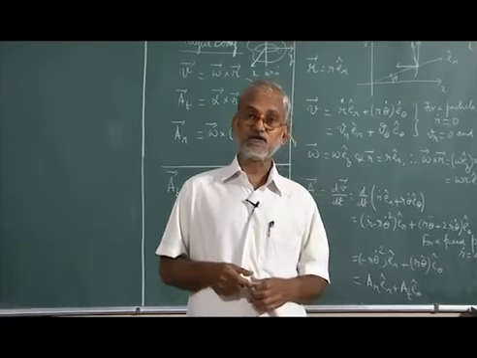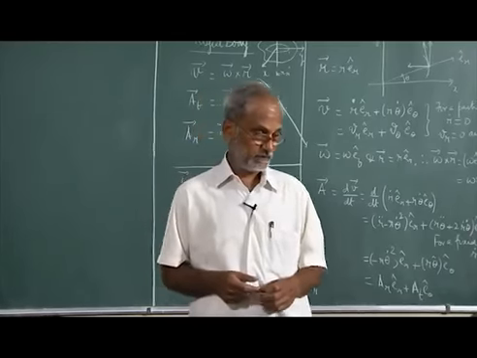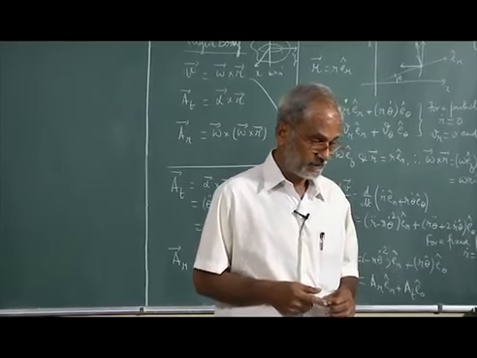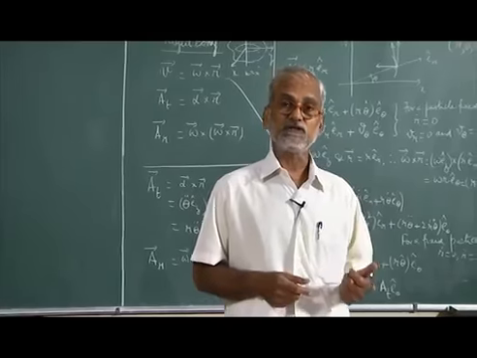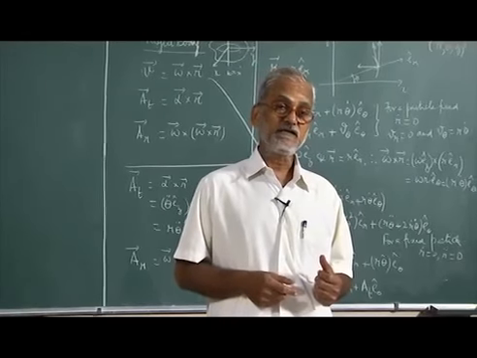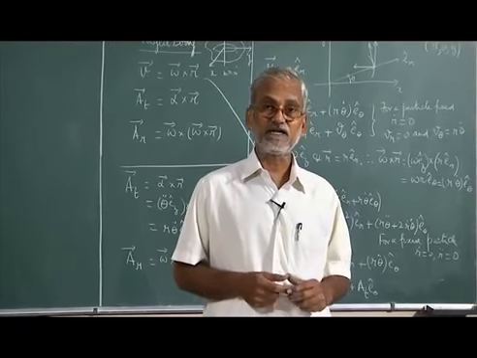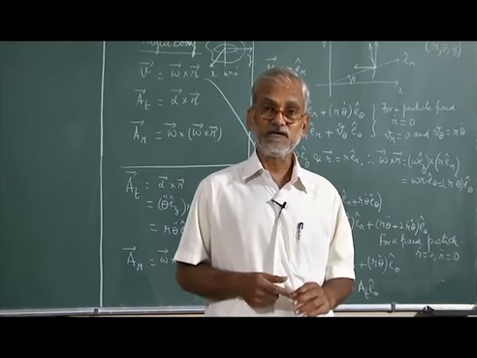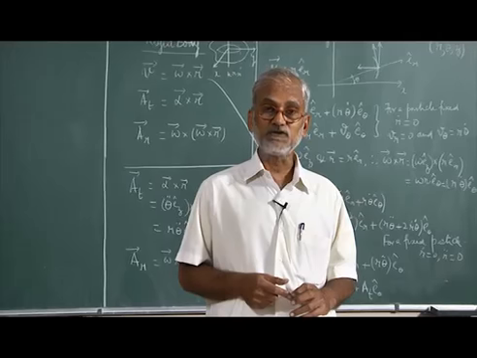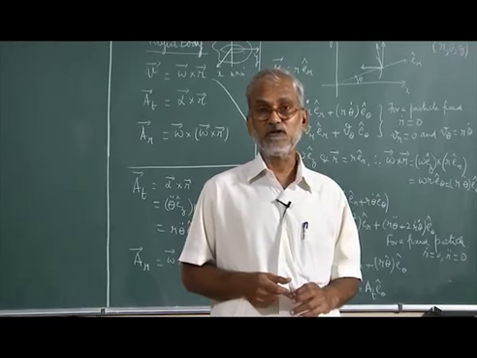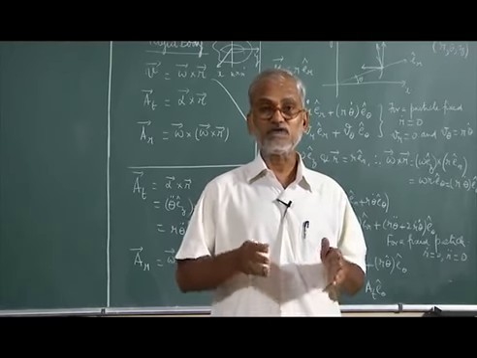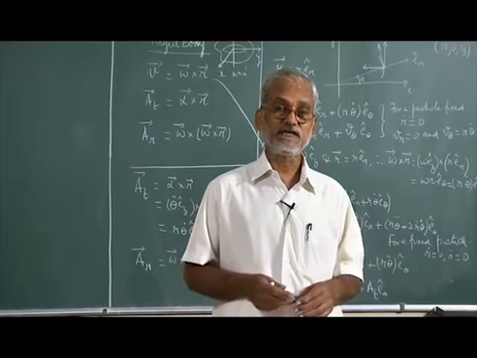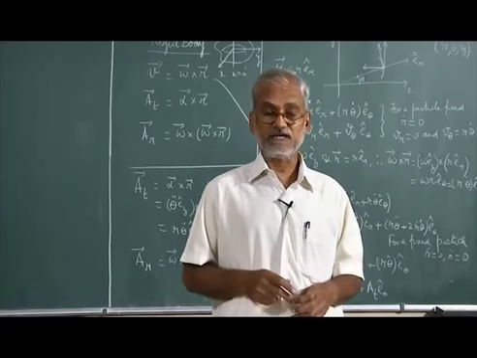Yesterday we introduced the cross product between two vectors A and B, and we showed that this vector is perpendicular to both the vectors A and B, in the sense that this vector is perpendicular to the plane constituted by vector A and vector B. Then we introduced the notions of angular velocity, or the magnitude of that is rotational speed, then angular acceleration.